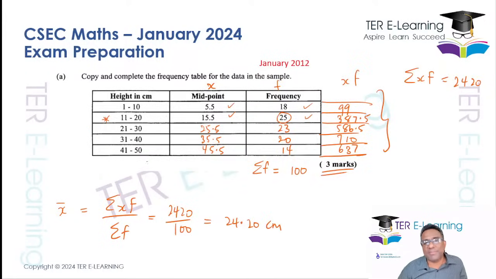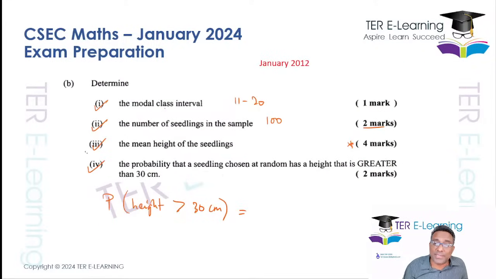If you want greater than 30 cm, you need to know where the cutoff value is here. So in terms of class boundaries, this boundary here is 30.5. The question says greater than 30.